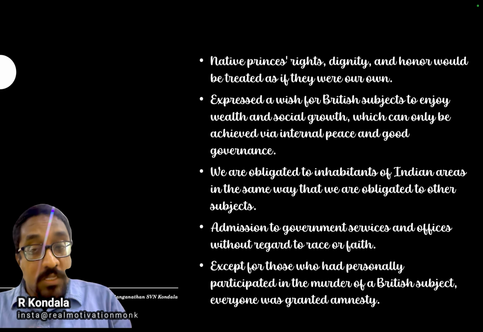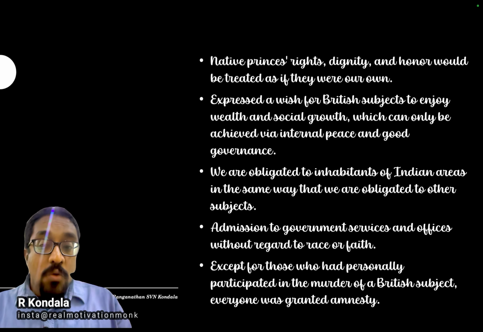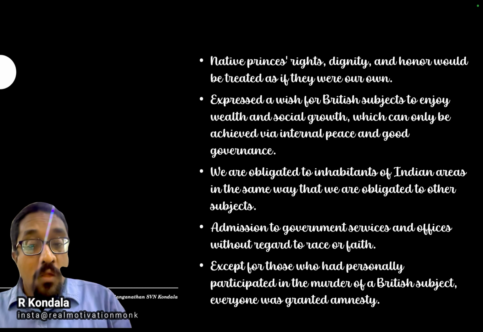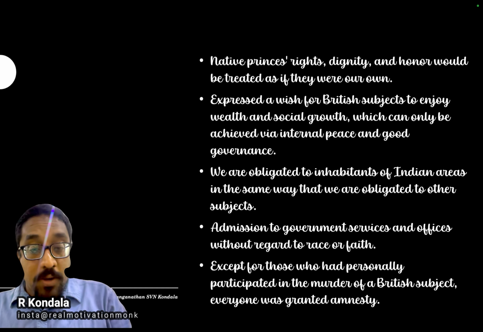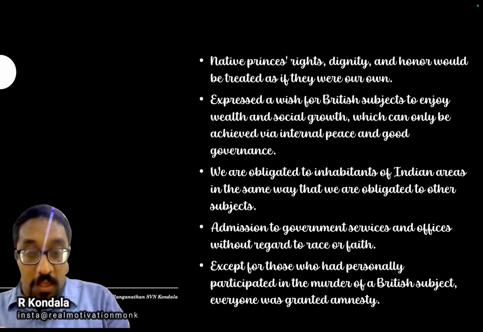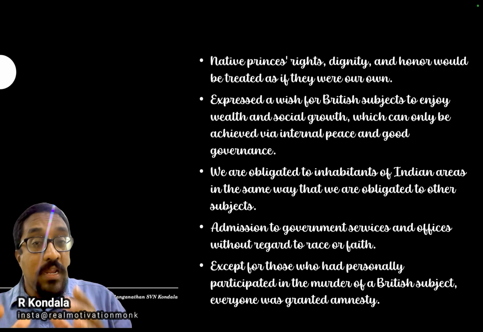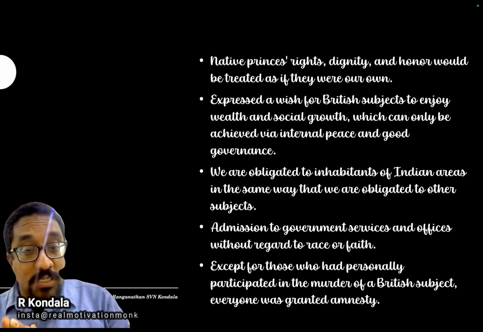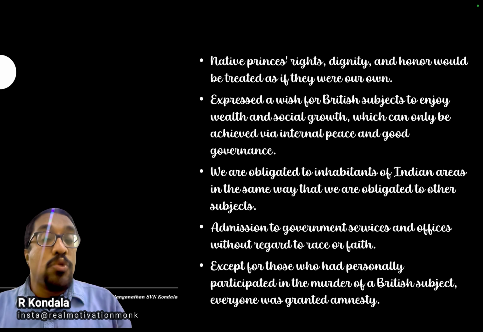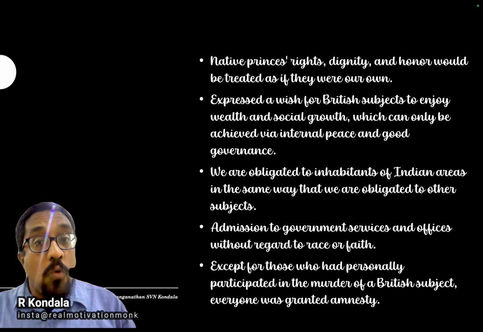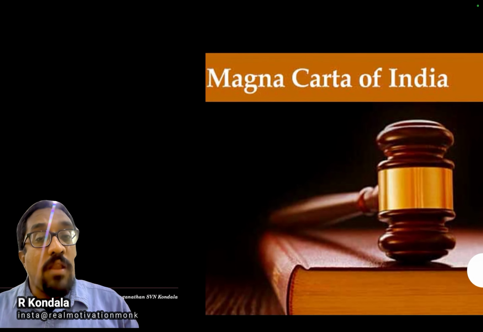Admission into government services and offices was henceforth to be done without any discrimination, without regard to race or faith, and except for those who were personally involved in criminal activities like the murder of British subjects, everybody else who was involved in the 1857 revolt was given a general amnesty.